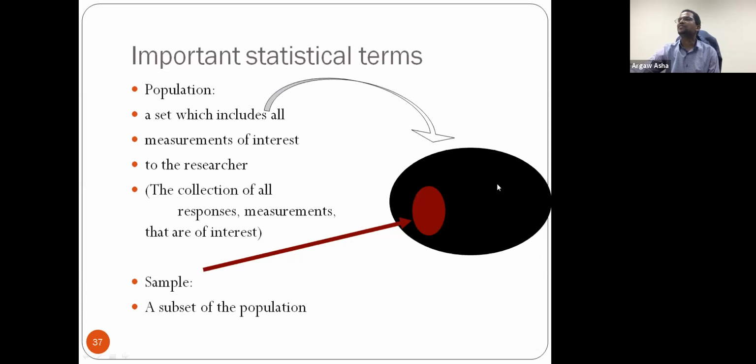The black one is the population, in big. The smallest one, the red one, is a sample. So in order to come to the sample, we have different methods. In short, a sample is a subset of the population. Population is big, sample is small.